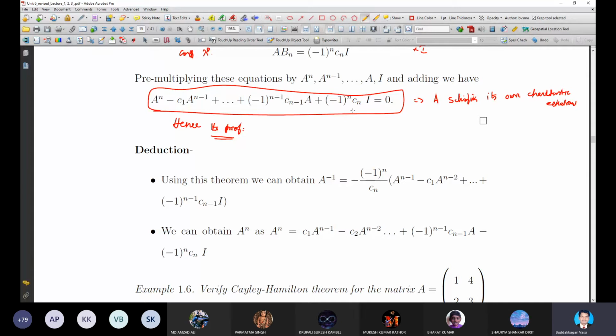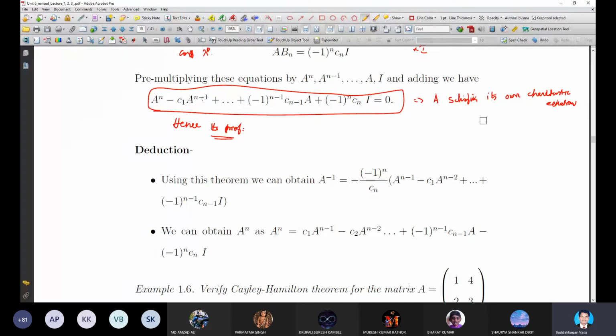Therefore this term you put in the LHS, and all the others we can take to the RHS, where (-1)^n Cn into A inverse is equal to minus of all these: A^(n-1) minus C1 into A^(n-2), right? If we multiply with A inverse, the power decreases by 1, and so on.